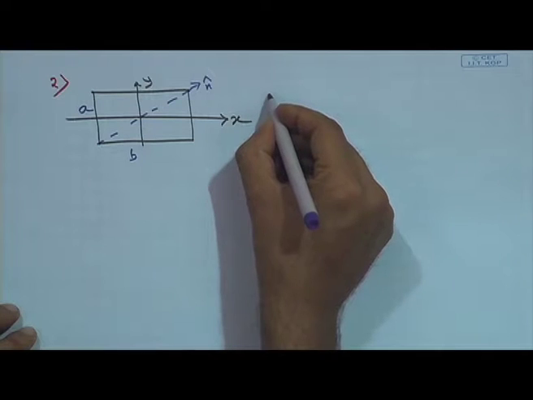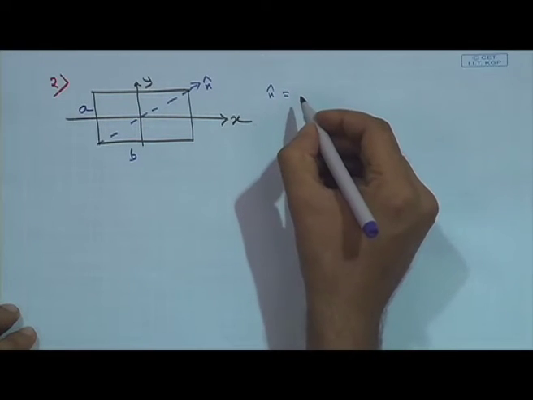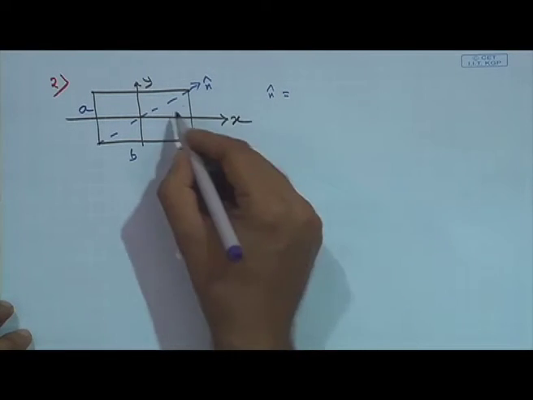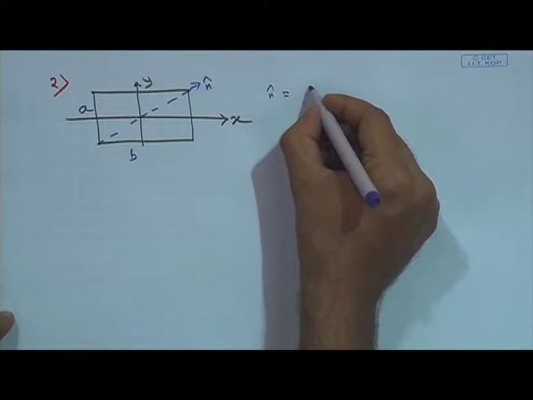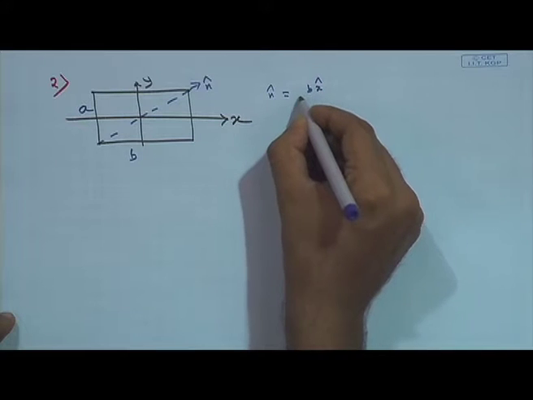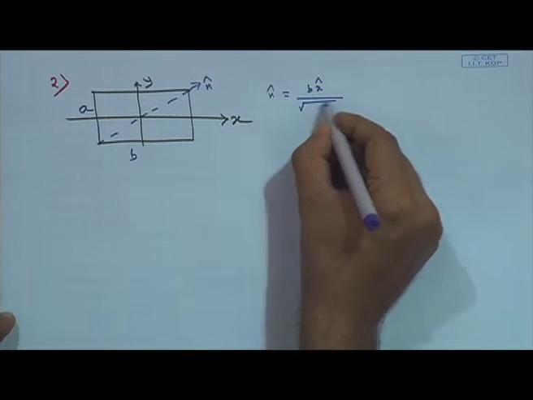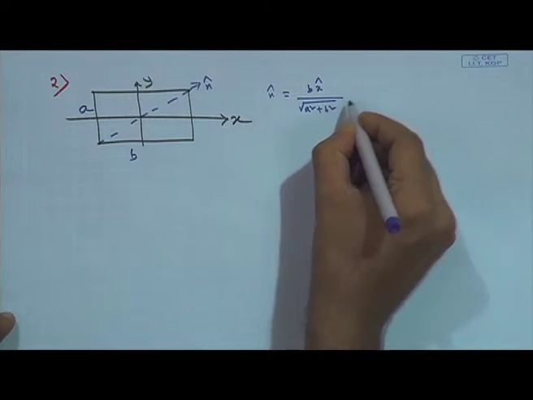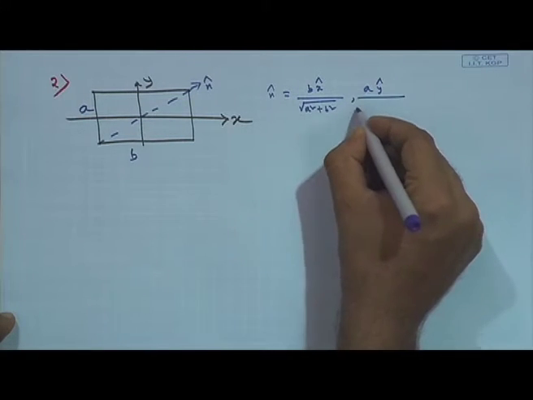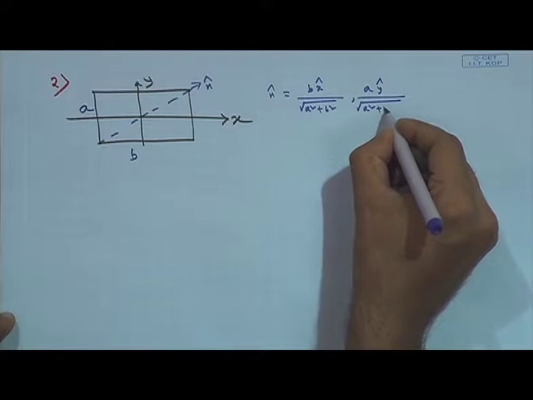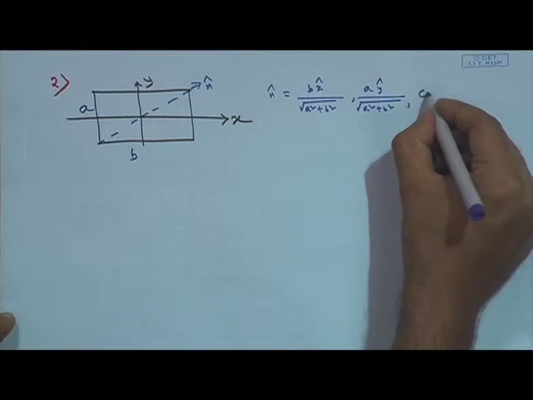So n capped, the diagonal vector when we have A and B, is simply b x cap divided by root over a square plus b square, a y cap divided by root over a square plus b square, and 0.